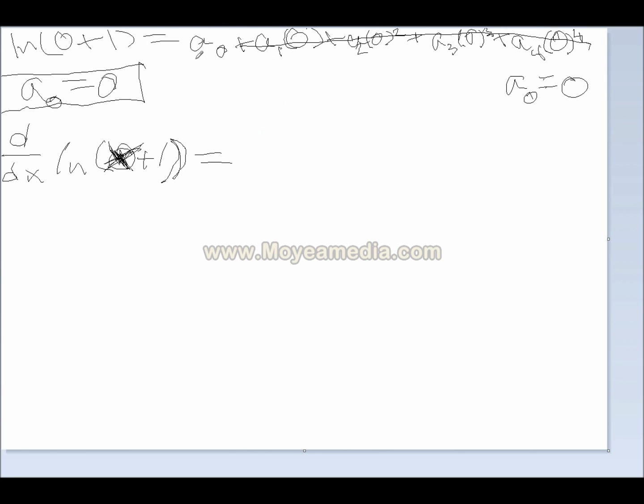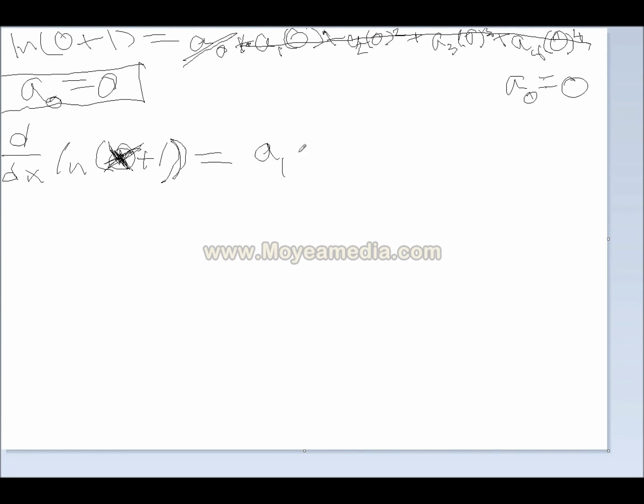Now, as you can see, when we derive this, this first term is going to cancel out. This second term is simply going to simplify to a sub 1, because we're going to carry down the 1 from up here and multiply it, and this becomes x to the 0, which is also 1. So basically we are deriving a linear function at this point, which simply just gives us the slope, a sub 1.